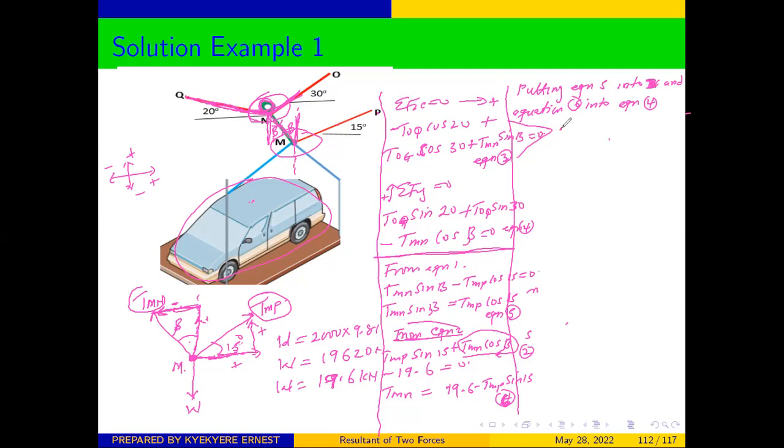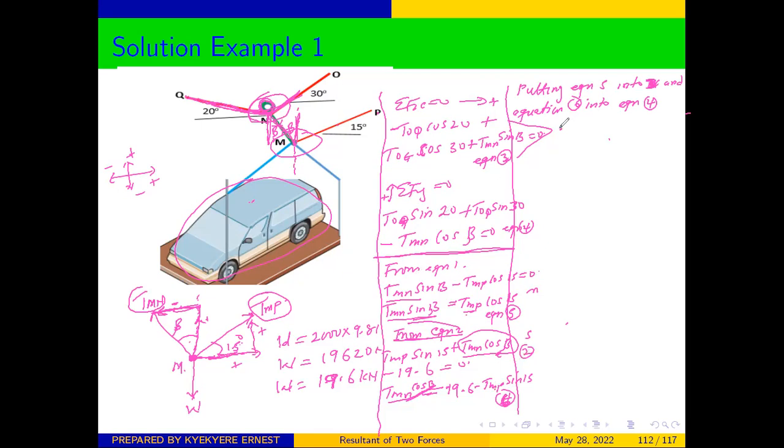I'm going to put it straightforward, because we find out that Tm sine beta was equal to that. So wherever I see Tm sine beta, I'm going to insert Tmp cos 15. Wherever I see Tm cos beta, I'm going to put 19.6 minus Tmp sine 15.